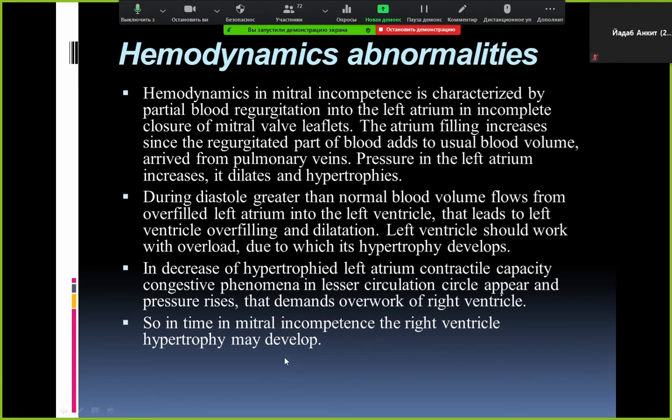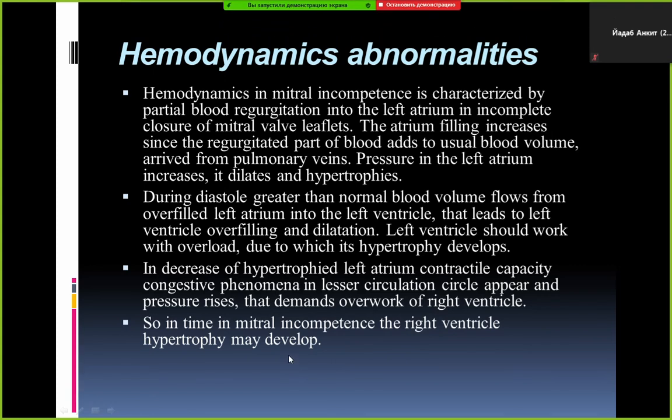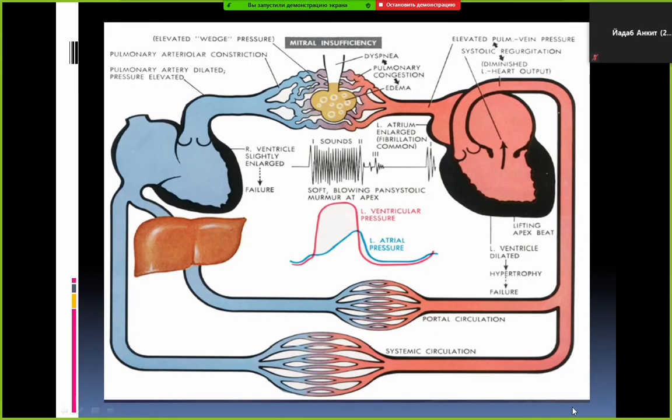With decrease of hypertrophied left ventricle contractile capacity, congestive phenomena in the left circulation circle appear, and pressurization demands overwork of the right ventricle. So in time in mitral incompetence, right ventricle hypertrophy may also develop in the decompensation stage. This picture illustrates hemodynamic abnormalities of mitral incompetence.